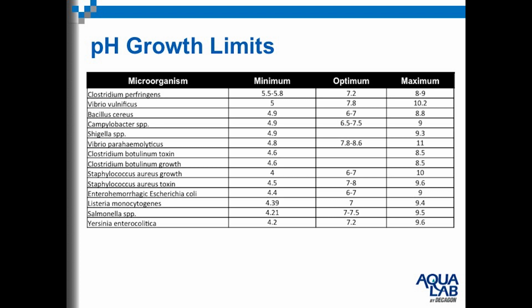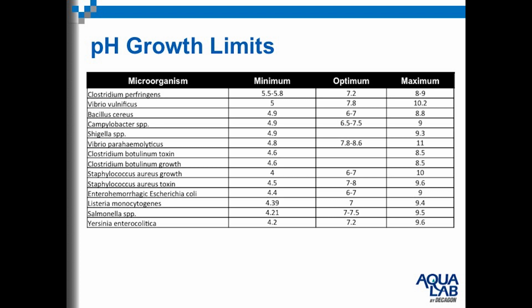And you'll notice that pretty much all of the organisms prefer a neutral pH for their optimum growth, but they can grow to more acidic pH values, most of them stopping at around 5, a pH of 5. Some can go a little bit lower, as low as 4.6 down to 4.4, and then the one that tends to be problematic are the ones that can get down to 4.2.